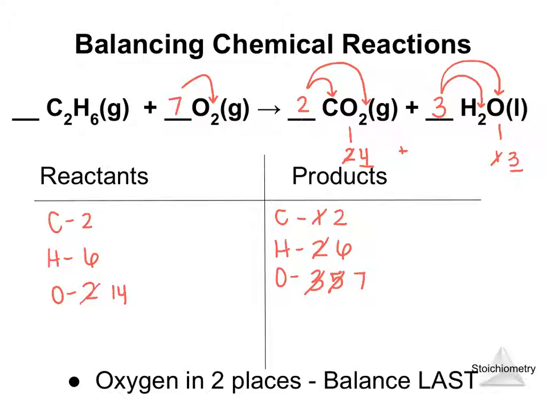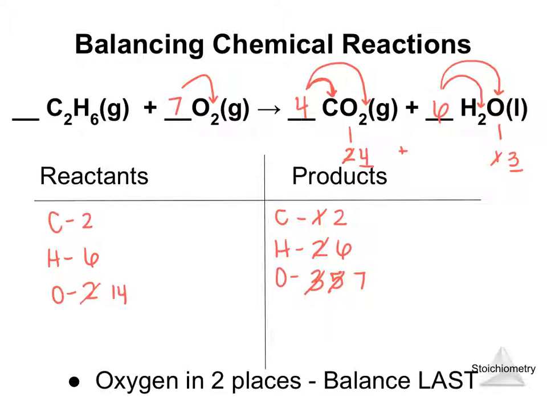But remember, my oxygen is in 2 places, so I need to multiply this coefficient by 2 and the other coefficient by 2. So that is going to become 4 and 6, which changes everything. So I've got 4 and 6 now. Now I need to recount everything.